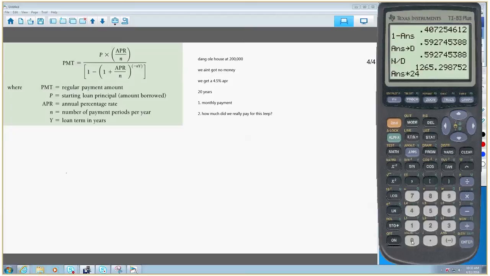So you actually paid $303,000 for that $200,000 house. So how much interest is it? $103,000 in interest. And basically interest is what you pay to borrow the money. So somebody tell me what you got to watch.